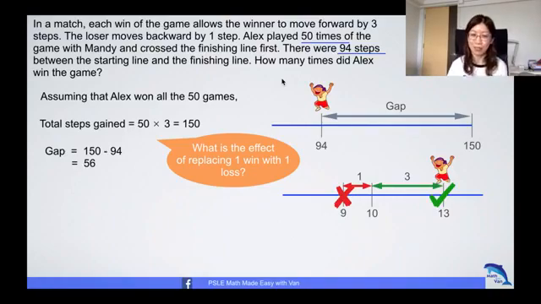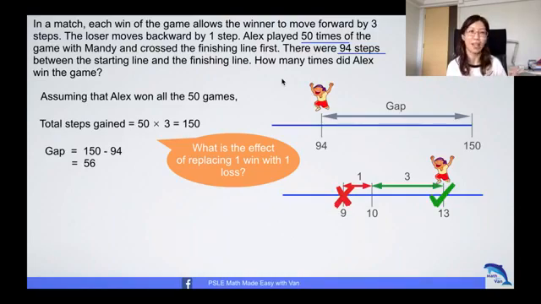So if this is 4, then how many times? That means every time I do the replacement, the total number of steps would drop by 4. And remember just now, how many steps in total must we reduce so that Alex would achieve the desired state of 94 steps?